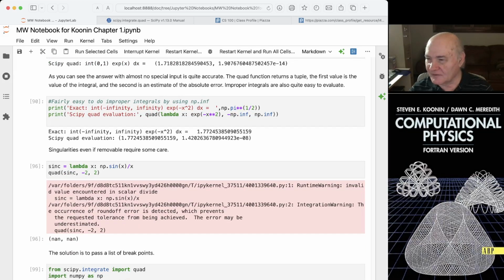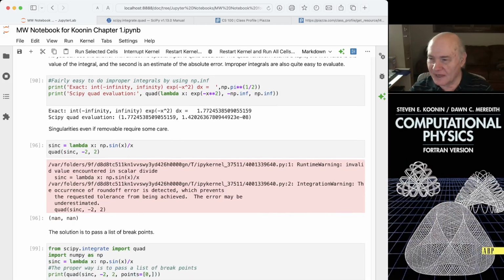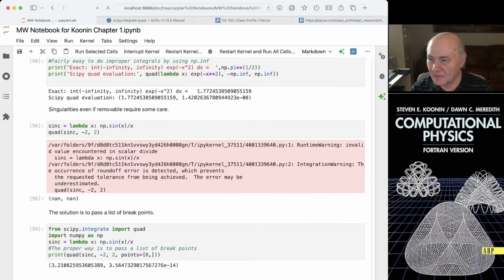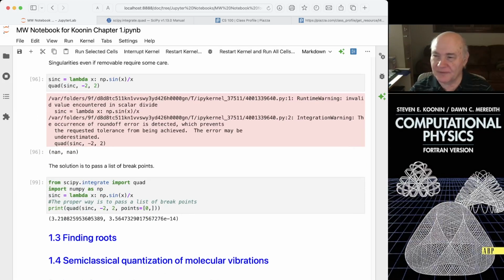Basically it gives you NaN, not a number in Python. It just couldn't do the calculation. But it can do it if you specify something to skip over that point. And 1 point in an integral doesn't mean anything.